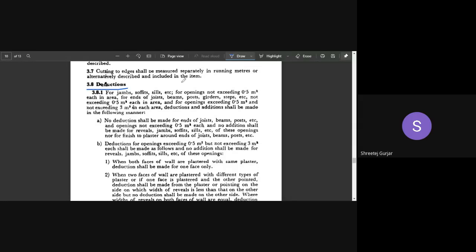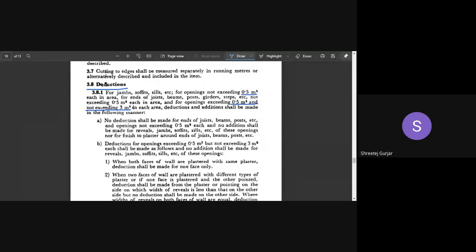There are three parts: if the opening is not exceeding 0.5 square meters, if it is in the range of 0.5 to 3 square meters, and if the opening is greater than 3 square meters.